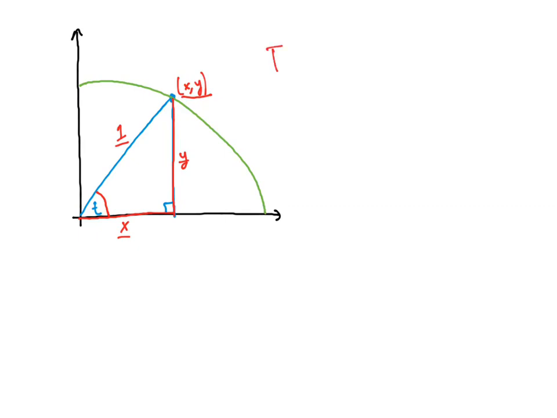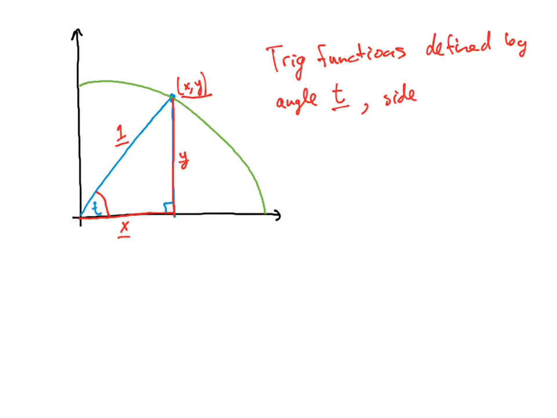The trig functions, or trigonometric functions, are defined by these three values: an angle t, and then side x and side y. Suppose we're standing here at angle t and looking out this way.